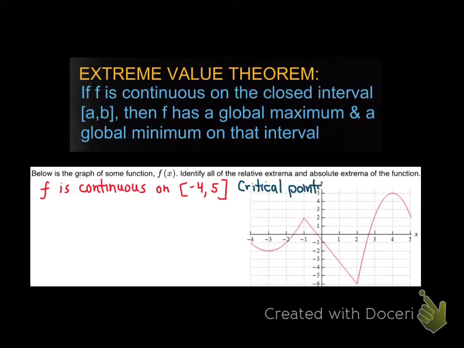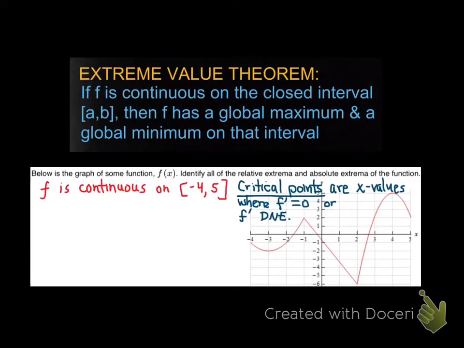Now, critical points is another vocabulary term that you're going to hear seriously frequently in calculus class. And you've got to know and be able to snap out the definition of what a critical point is immediately. So critical points are x values where f prime equals 0 or f prime does not exist.